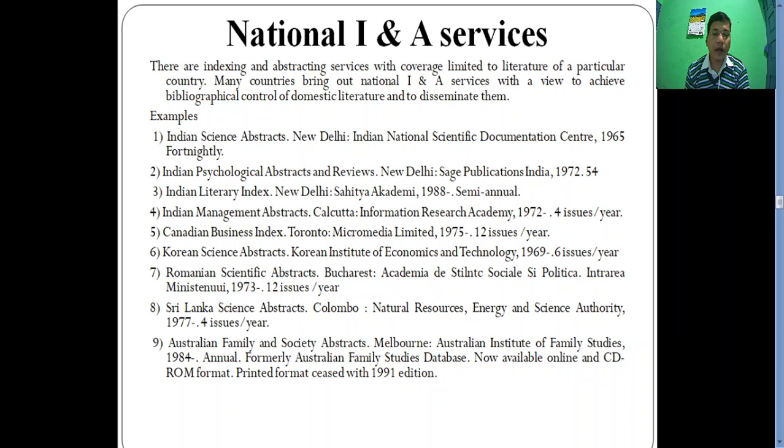Korean Science Abstracts, Korean Institute of Economics and Technology, since 1969, 6 issues per year. Romanian Scientific Abstracts, Bucharest, Academia Stiintelor Sociale, in the Romanian language, since 1973 onwards, and 12 issues per year. Sri Lanka Science Abstracts, Natural Resources, Energy and Science Authority, since 1977, 4 issues per year.